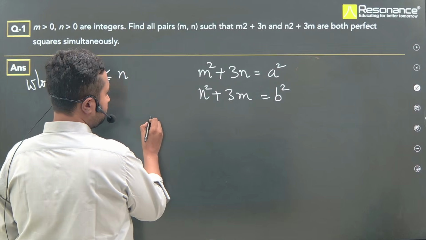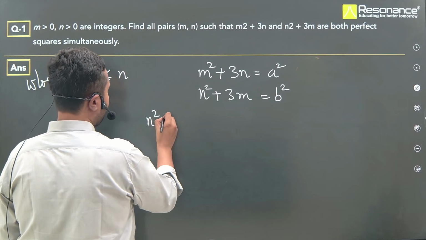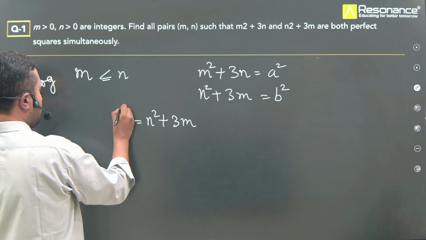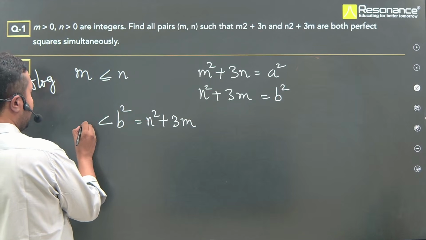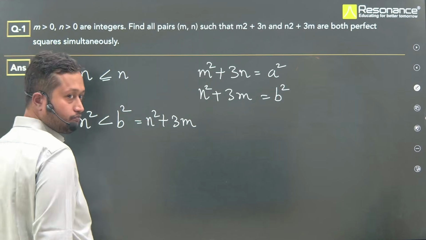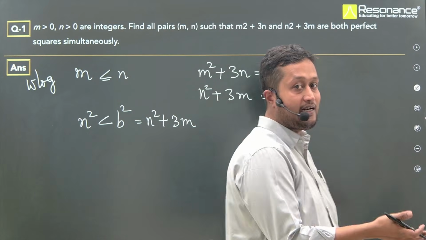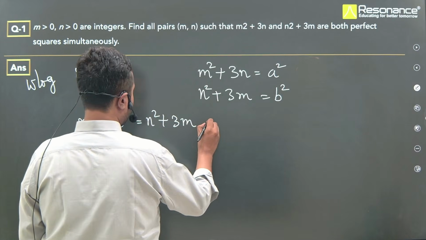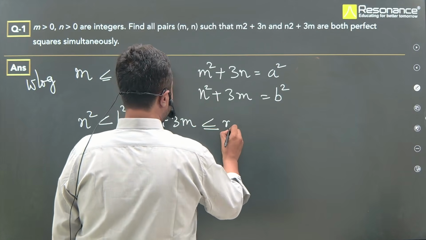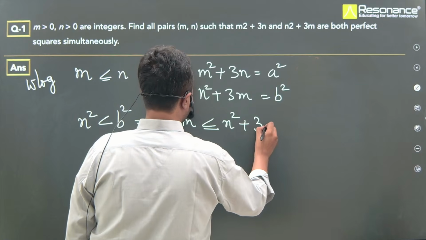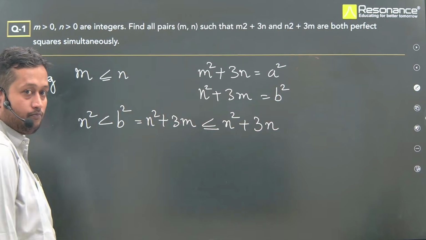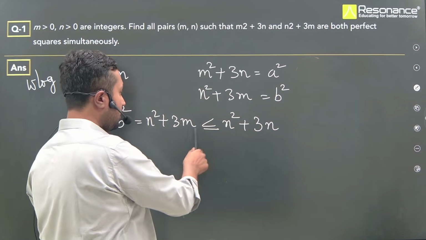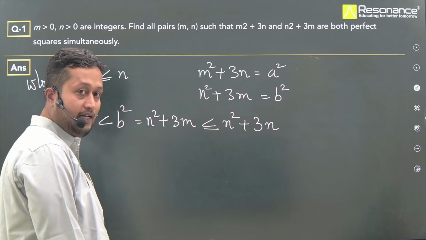All right, so what do we have? N square plus 3 times M, that is B square. Now this quantity is greater than N square, because it is N square plus 3M. And then it is less than or equal to N square plus 3 times N this time, because under the assumption M is less than or equal to N, I can conclude that 3M will be less than or equal to 3N.